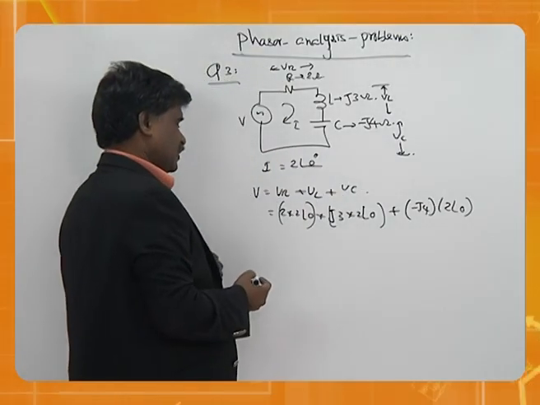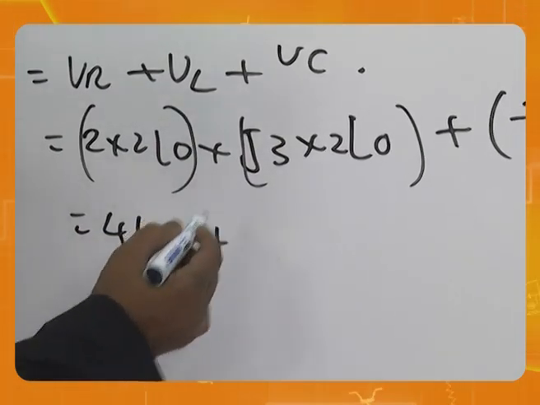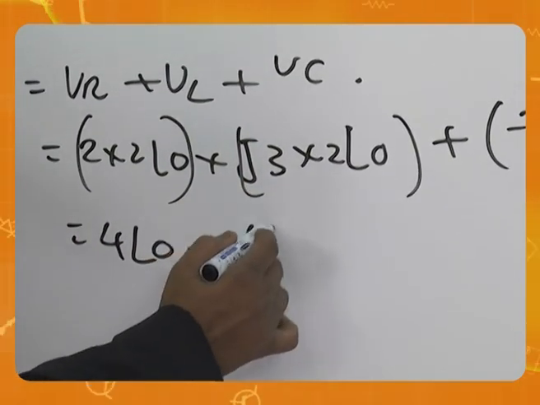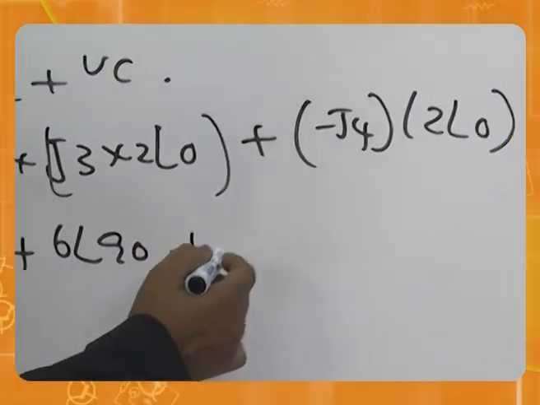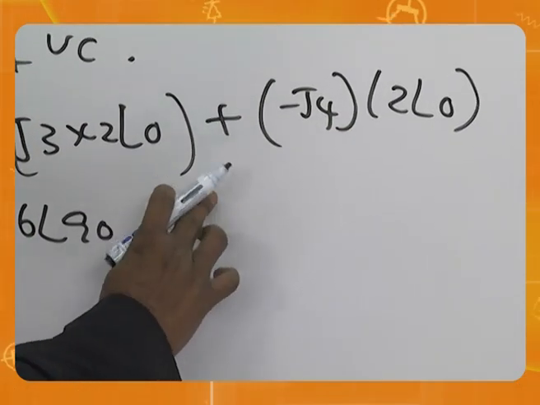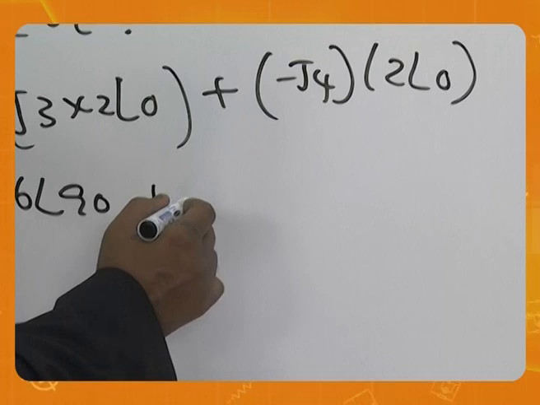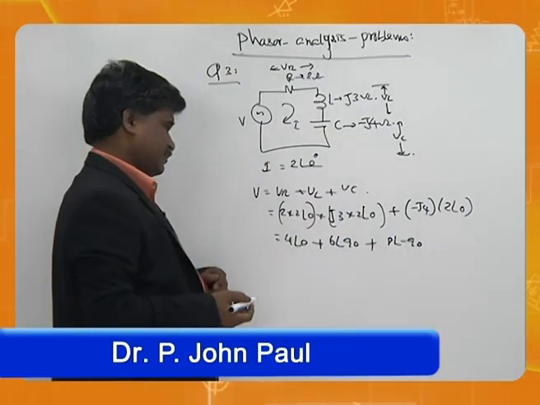Okay. Now what happens? 4 angle 0, plus 6 angle 90, plus 8 angle minus 90. That's the thing.